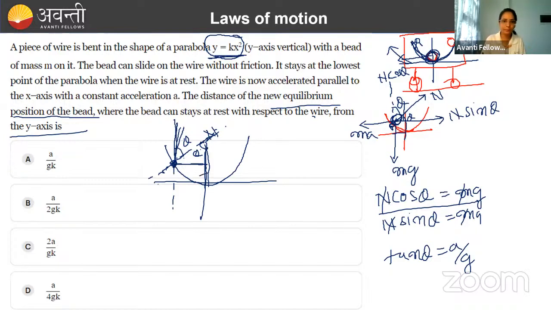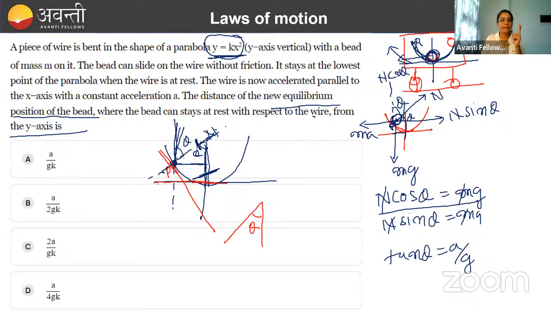Here the play of geometry is there. If we draw the tangent at this point, then this tangent with the x-axis will be making how much angle? Theta or not? Theta is the angle between the vertically upward direction and the perpendicular at point P.